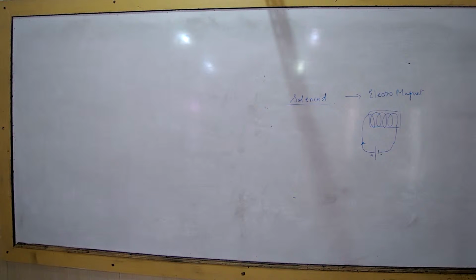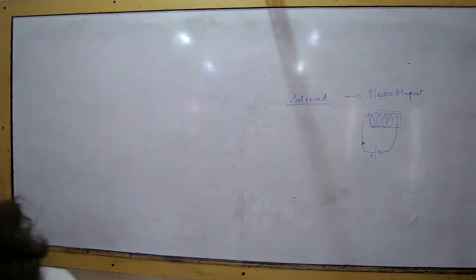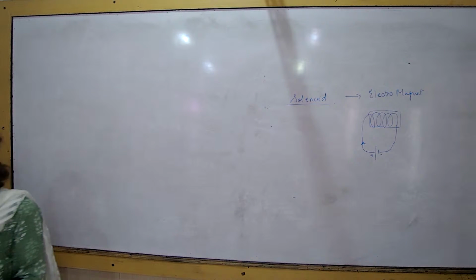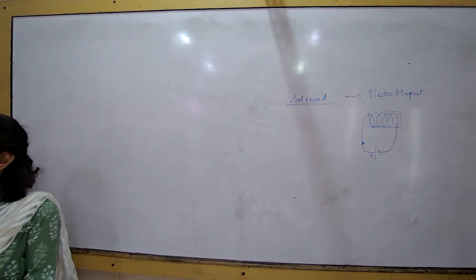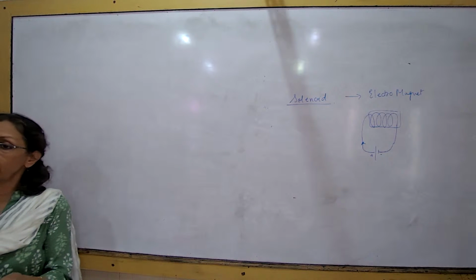When you're talking about an industrial solenoid, this nail piece is a huge armature core on which you have many coils of copper wire. So that develops it automatically. Now here this basically behaves like what? It is behaving like a bar magnet. Okay. So if you have a compass needle and you bring it near either side, you can make out which part of it is repelling and which part is attracting.